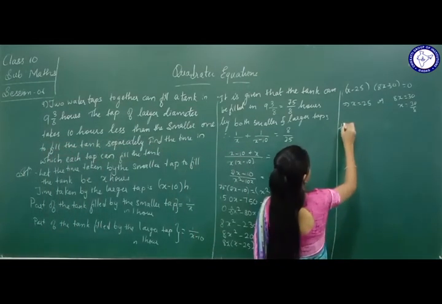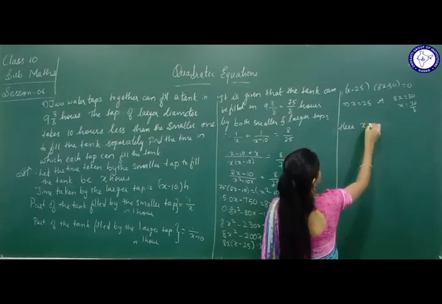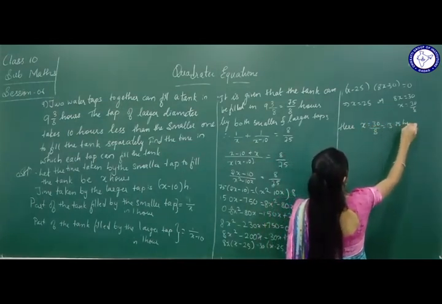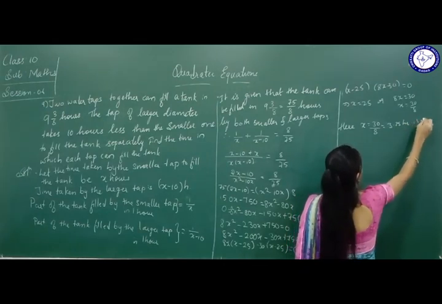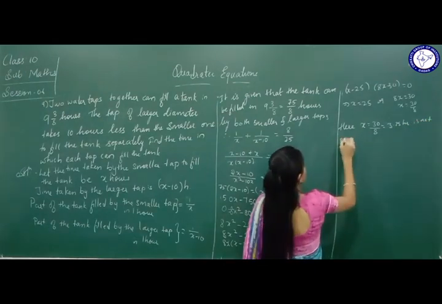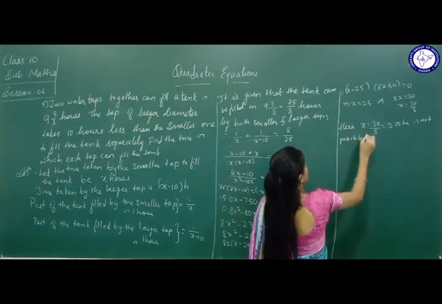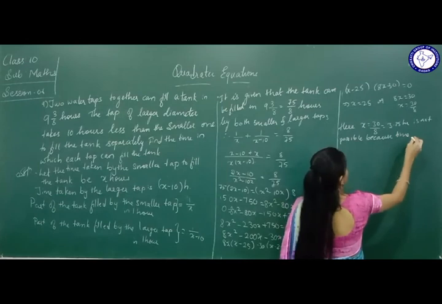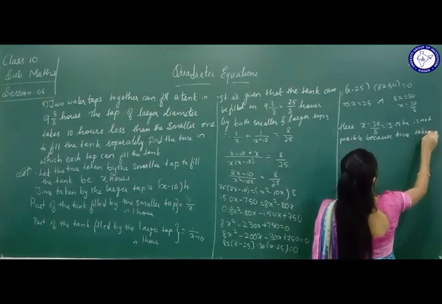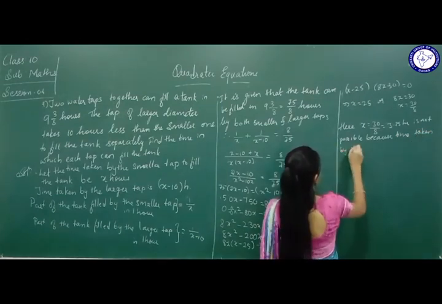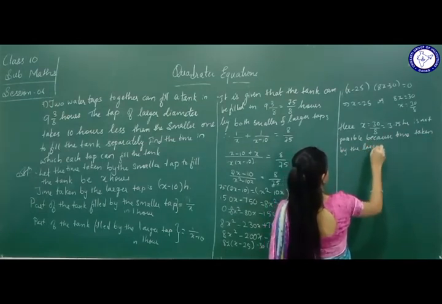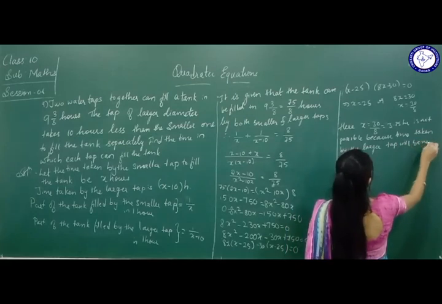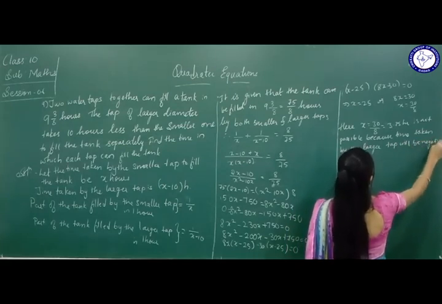Here x is equal to 30 by 8, which is 3.75 hours, is not possible. Why? Because the time taken by the larger tap will be negative.